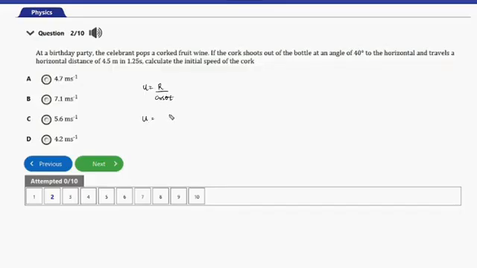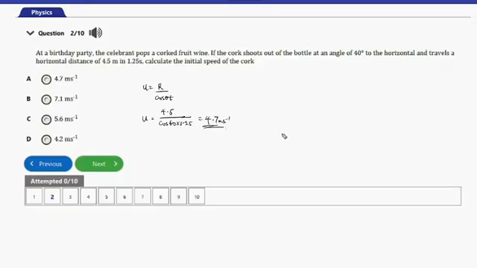Here, cos theta is actually cos 40. So in this case, we will have the range R here is 4.5 meters, and this will be divided by cos 40 times 1.25. So guys, that will give us in total 4.7 meters per second.